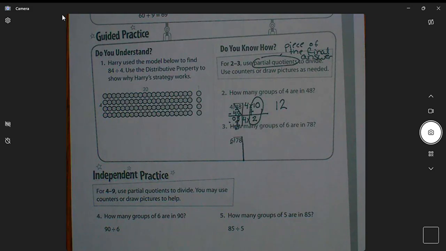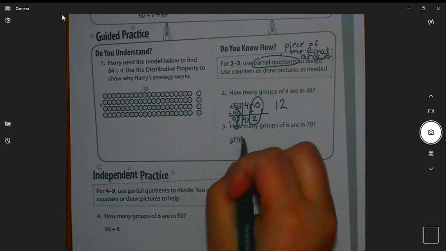Right, it's less than, so I know it will go, don't I? How many 6s can fit inside of 7? Right, 1. One 6 can fit inside of 7.